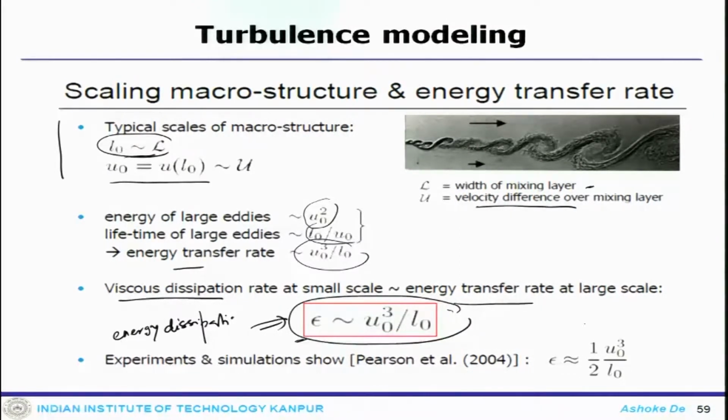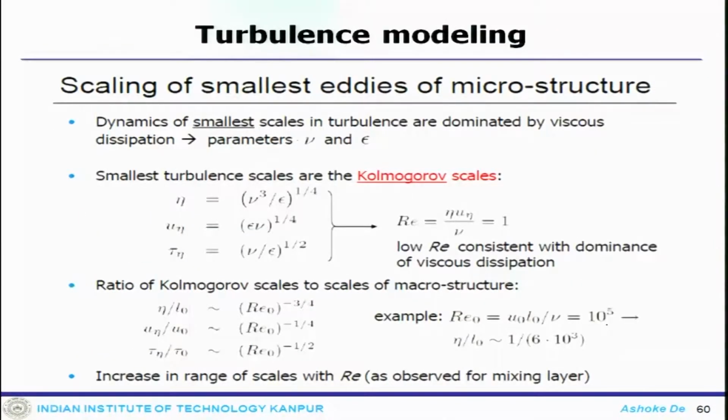Now, if you scale down to the small scale of the microstructure, the dynamics of the small scales in turbulence are dominated by viscous dissipation. So your kinematic viscosity and epsilon come into the picture, and the smallest scales are termed the Kolmogorov scales, because Kolmogorov provided that hypothesis.